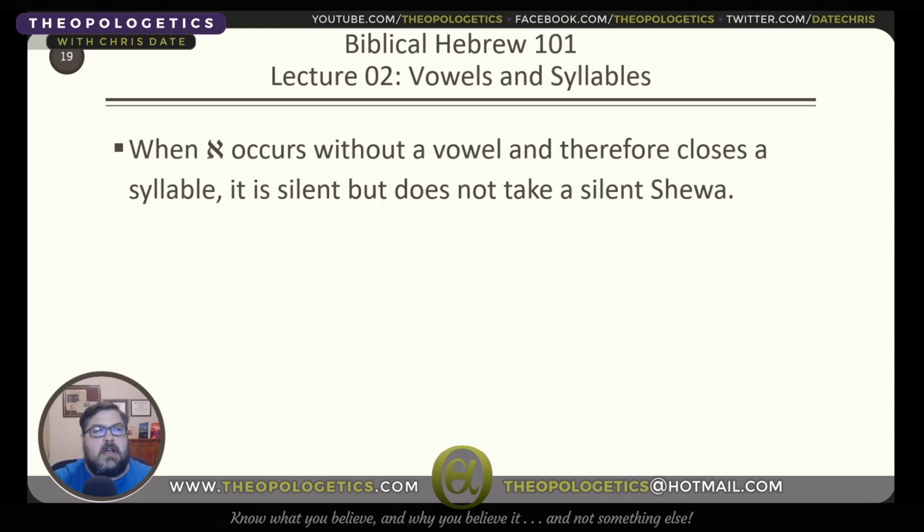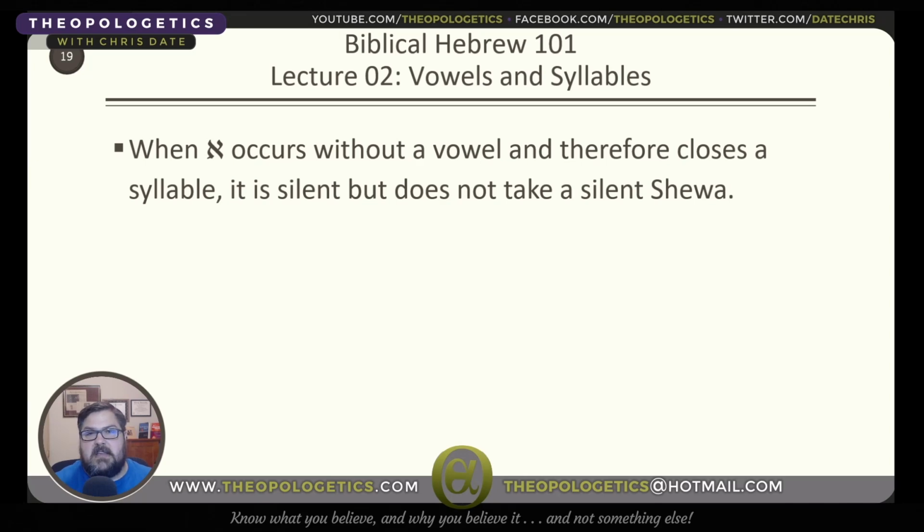When an aleph, the first consonant in the Hebrew alphabet, occurs without a vowel, and therefore closes a syllable, it is silent, but it does not take a silent shava. Remember, the shava marks the absence of a vowel.